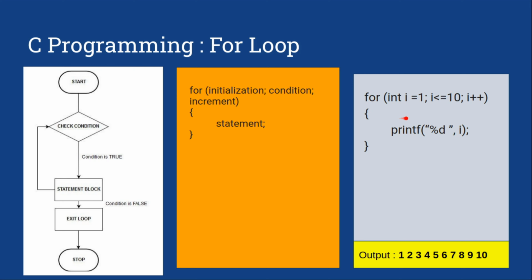The initialization is checked only the first time of the loop; the rest of the time we check only the condition. So 2 is less than 10, yes, it will print 2. Then it goes back to i++. 3 less than 10, yes, print 3, then 4, and until it's 10 it will keep printing.